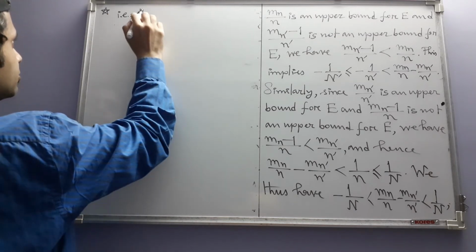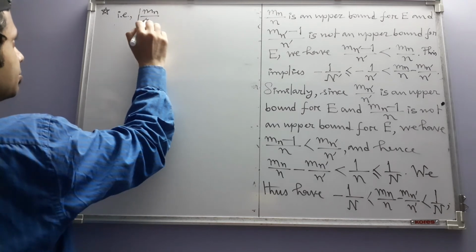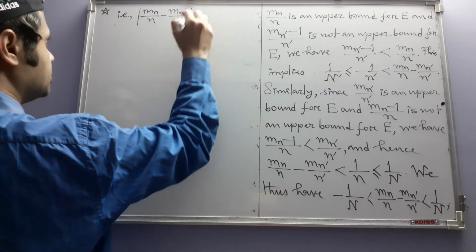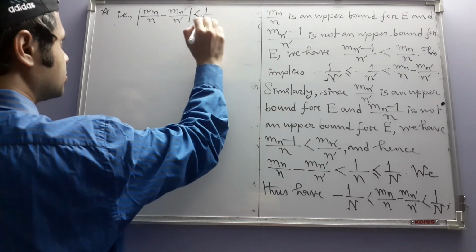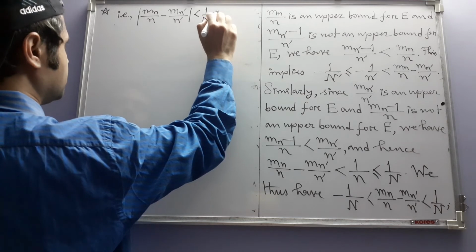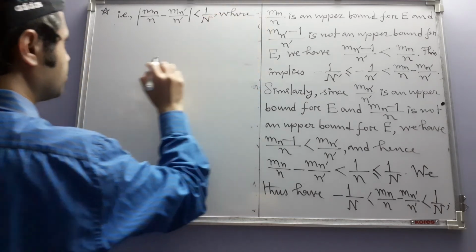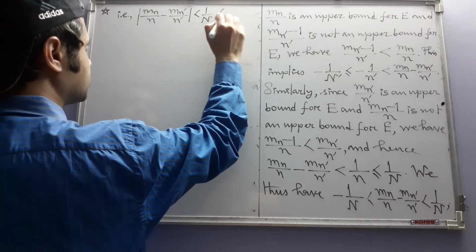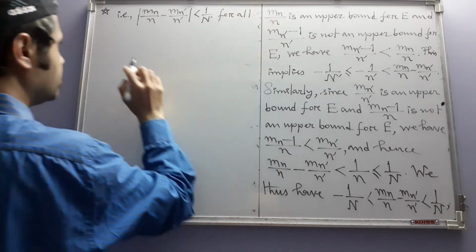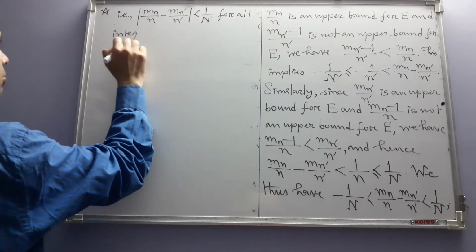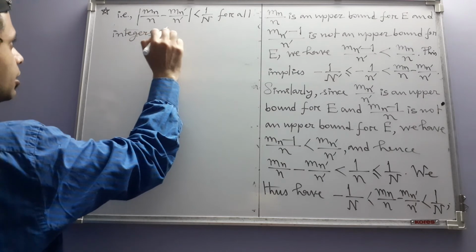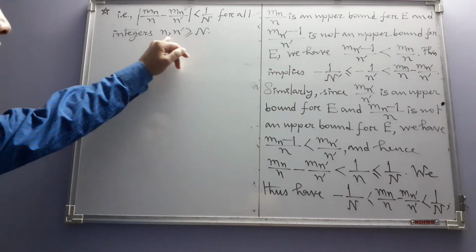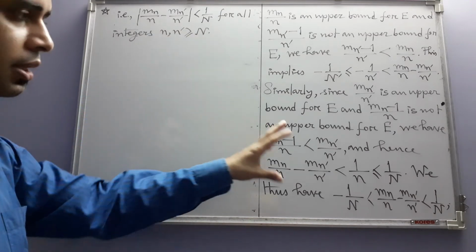That is, the absolute value of m_n/n − m_n'/n' is less than 1/N, or in fact it will be better we write like this: for all integers n and n' greater than or equal to N. Here n and n', once we have chosen them, are fixed.